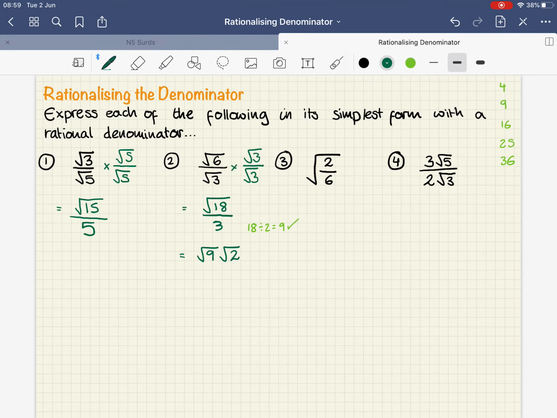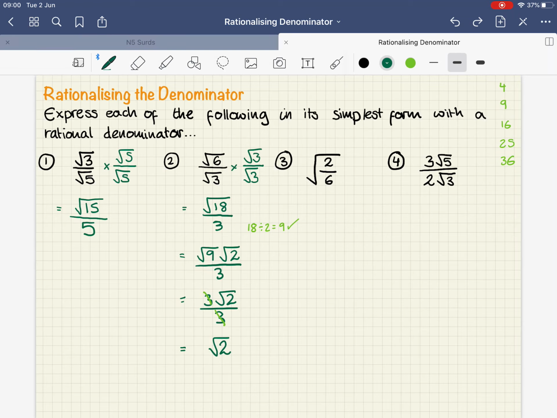And as you can see, I'm starting to skip some of the steps of our layout, and as you get quicker and quicker, you'll be able to do this as well. Then the square root of 9 is 3, so I'm going to have 3 root 2 over 3, and these are just going to cancel each other out because they're identical, so that'll just give me root 2 on its own. Just very quickly remember, that's going to be root 2 over 1, but I don't need that over 1 when it's on the bottom.